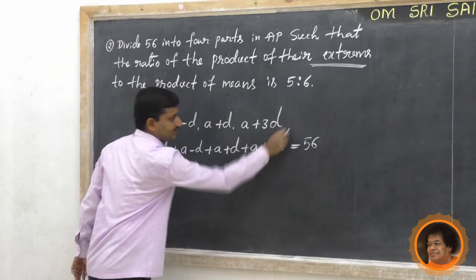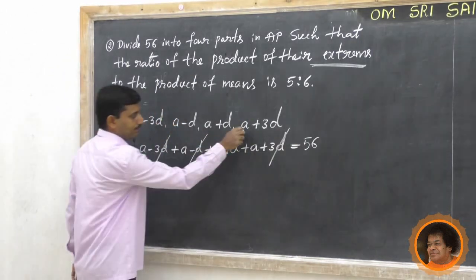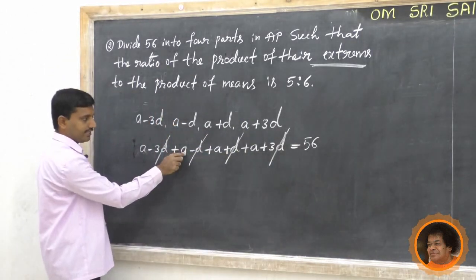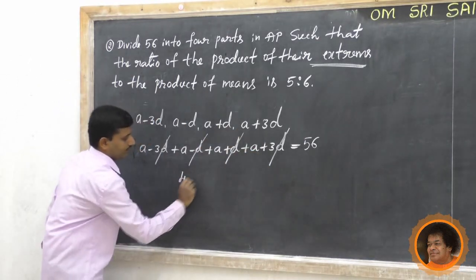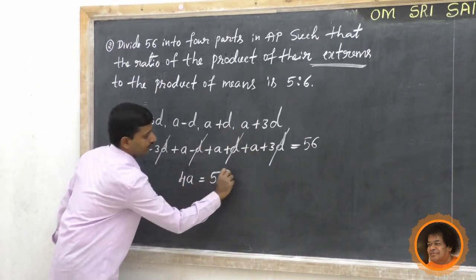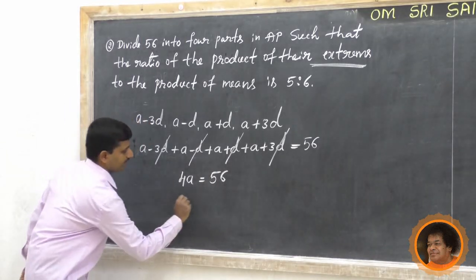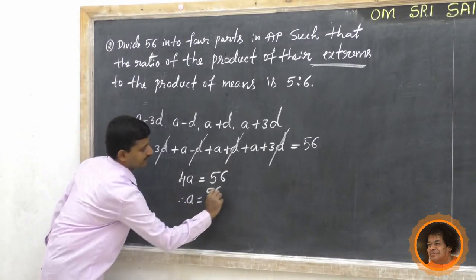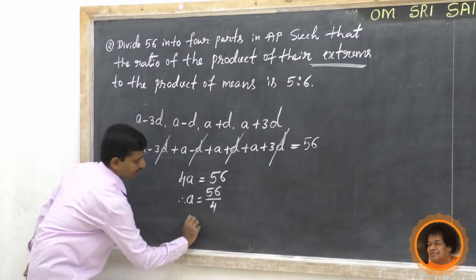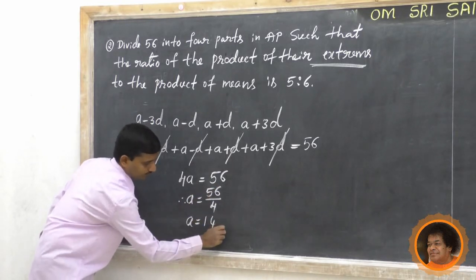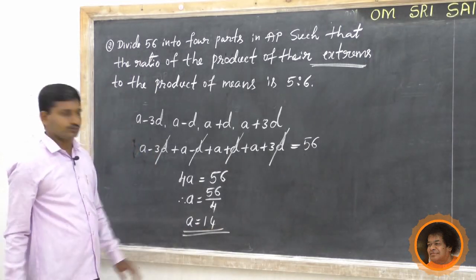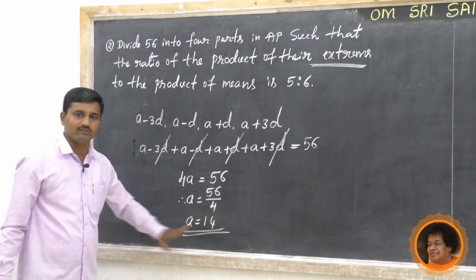Minus 3d plus 3d 0, minus d plus d 0, a plus a 2a, plus a 3a, plus a 4a. 4a equal to 56. So what is the value of a? So a equal to 56 divided by 4, 4 ones are 4, 4 fours are 16, a equal to 14. So this is the value of a, or the first term.